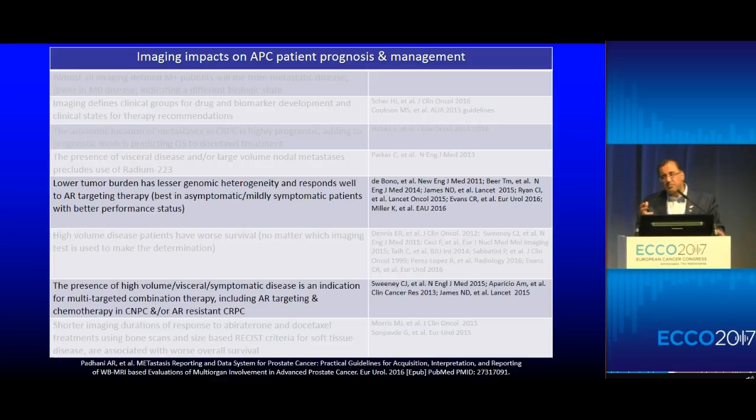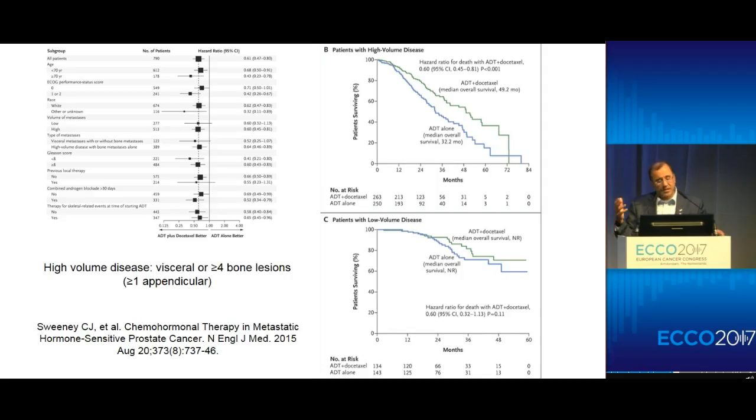So why does this matter? It matters because it matters for treatment prescriptions, right? So for example, if you look at this data that's just come out, if you have low volume disease, castrate-naive prostate cancer, right? ADT alone is as good as adding ADT plus docetaxel.